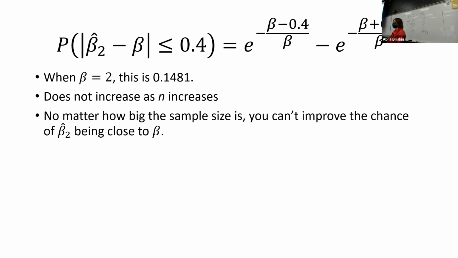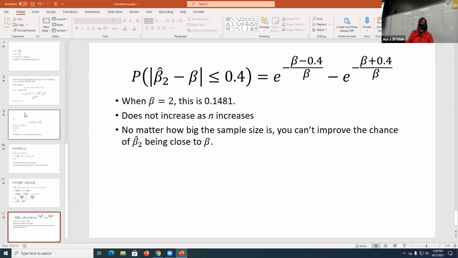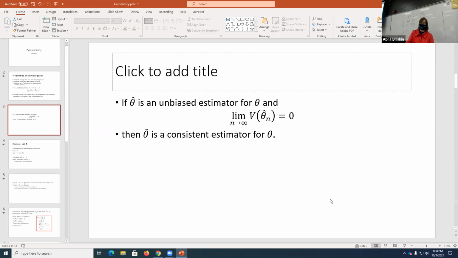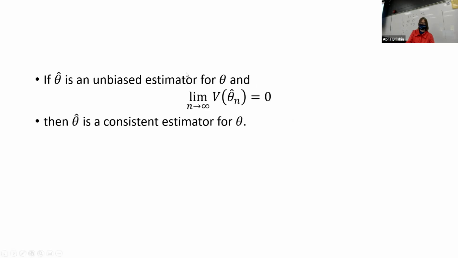Questions about this? Sam? So we can only use the limit of the variance if the variance depends on n. So the limit of the variance is only informative if theta hat is unbiased.